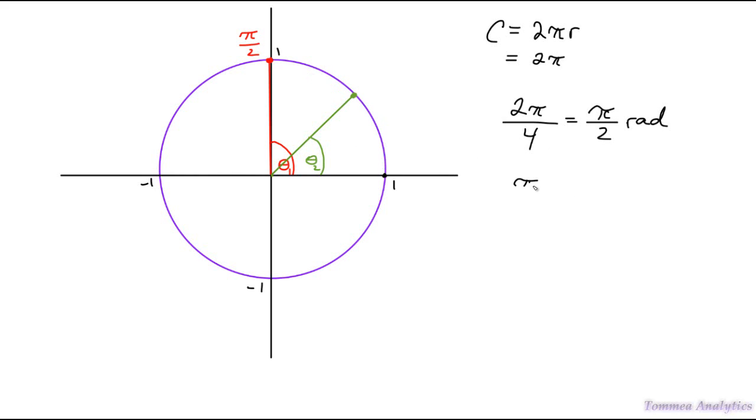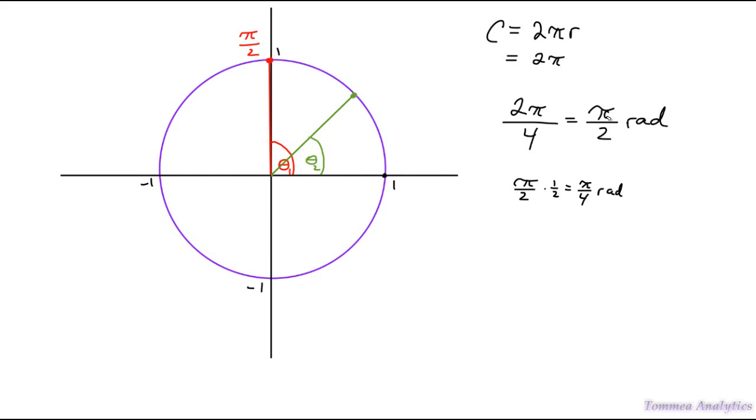So we take pi over 2 divided by 2, which is the same thing as multiplying by a half, and we get pi over 4. Pi over 4 radians. And pi over 4 radians is exactly half of pi over 2.